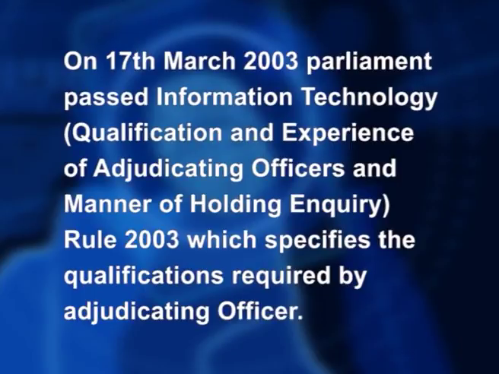On 17th March 2003, Parliament passed the Information Technology (Qualification and Experience of Adjudicating Officers and Manner of Holding Enquiry) Rules 2003, which specifies the qualifications required by the adjudicating officer.